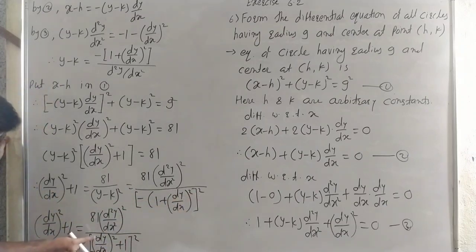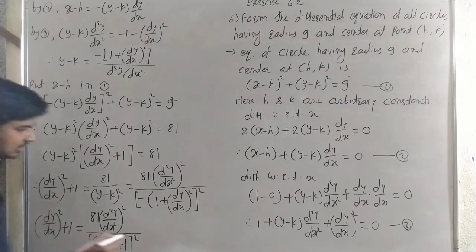Now this (dy/dx)² + 1 on both sides, we can write the square in this.